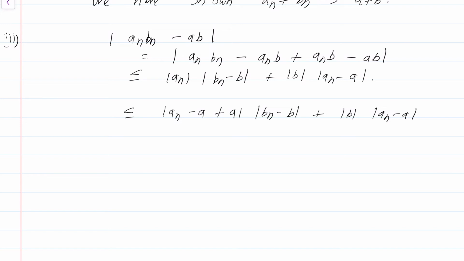Now this is again less than or equal to |a_n − a| · |b_n − b|, plus |a| times |b_n − b| plus |b| times |a_n − a|.